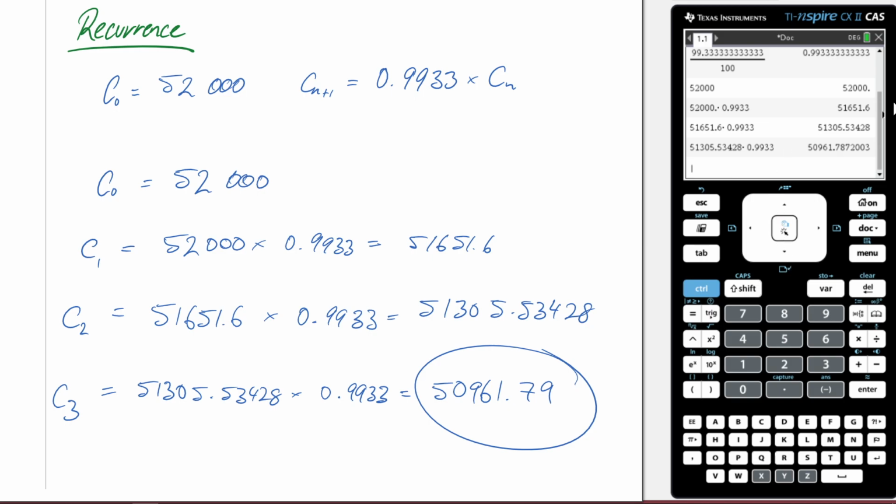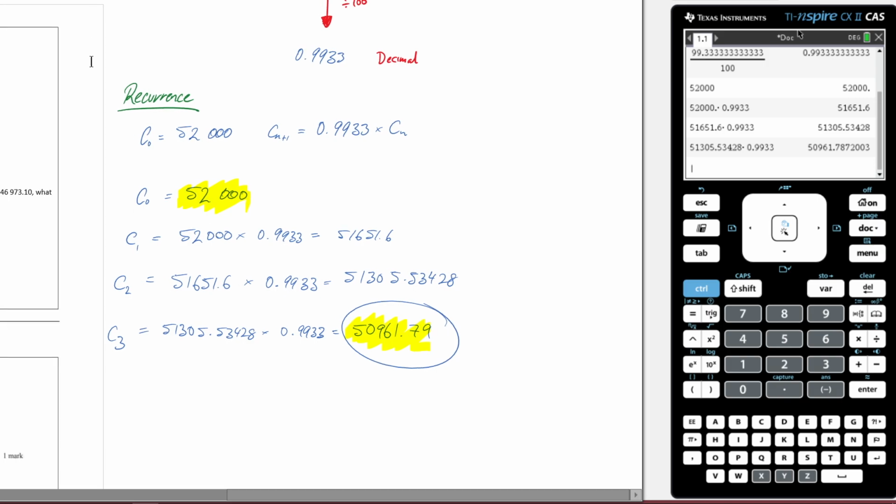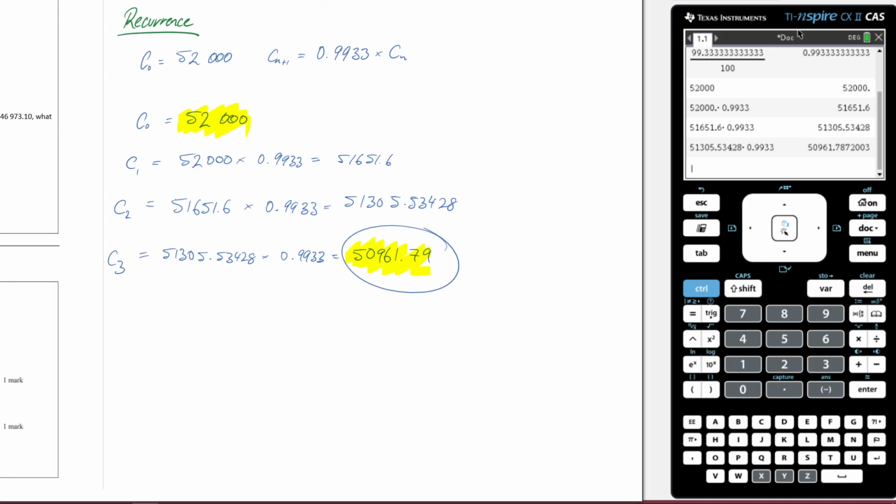I started with the car being worth $52,000. At the end of the third month, this is how much it is worth, $50,961. Can I now take this information and put it into a rule? What would that look like if I was to use my idea of a rule to write this down? This is what I want you to understand here.